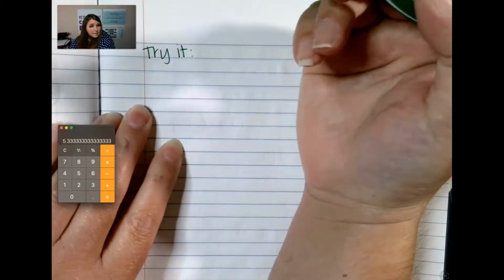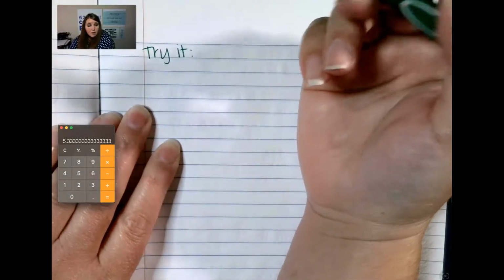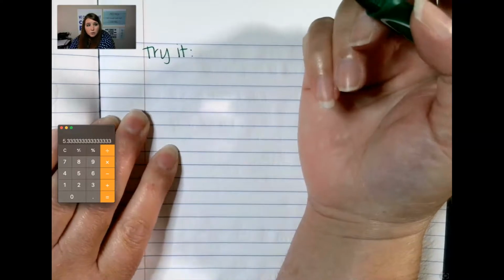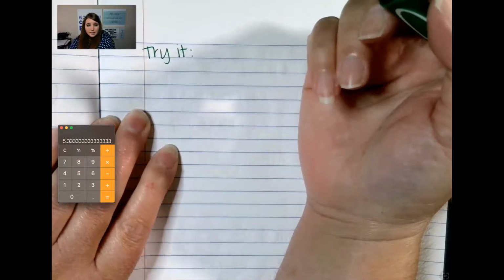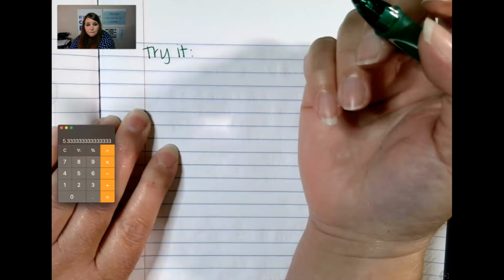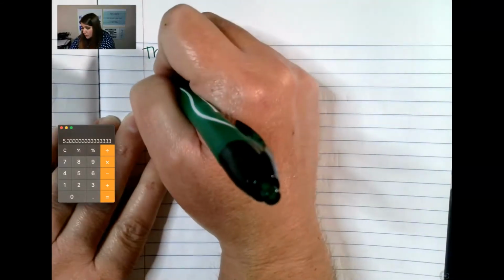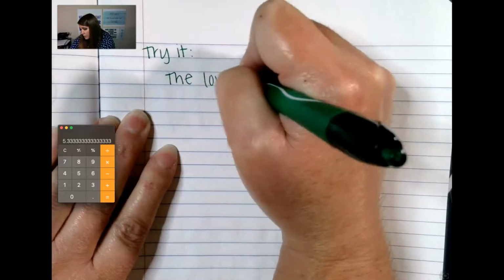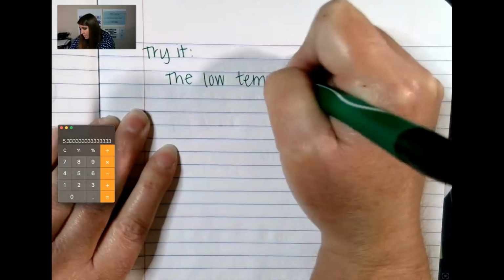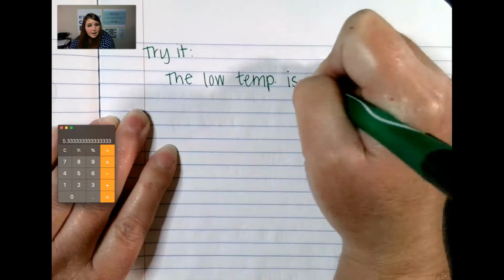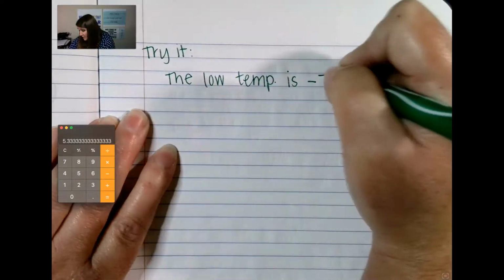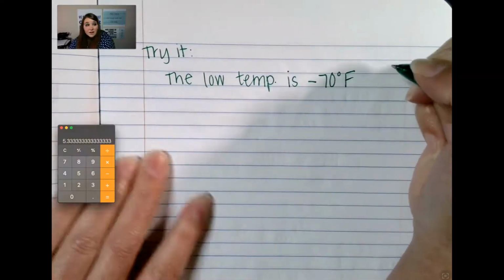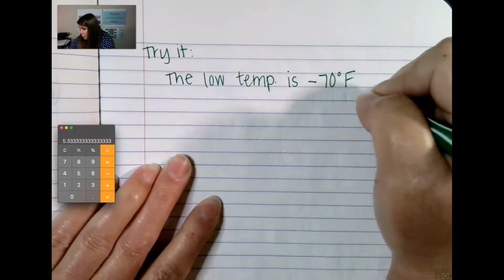The try it says, the record low temperature in Montana is -70 degrees Fahrenheit. So the low temp is -70 degrees Fahrenheit. That is really stinking cold.